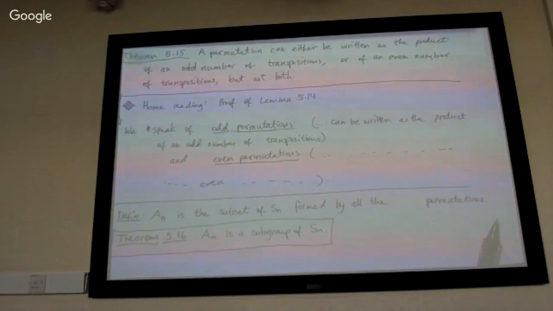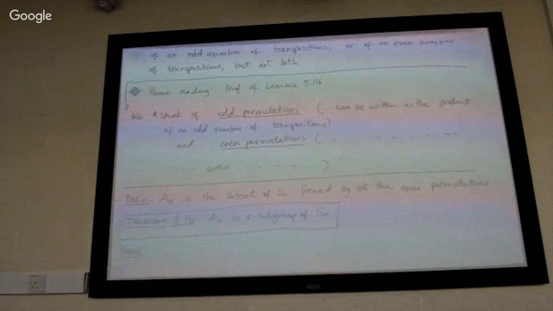If it is to be a subgroup, then it needs the identity, and the identity is even, so it has to be even. So the odd permutations don't form a subgroup. That's a good exam question. Prove that all the odd permutations don't form a subgroup. They're all the even permutations. Okay, so proof.